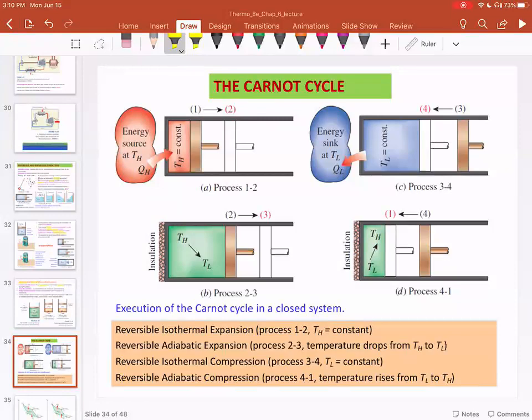So consider the piston cylinder shown over here. You have the piston and you have the cylinder.